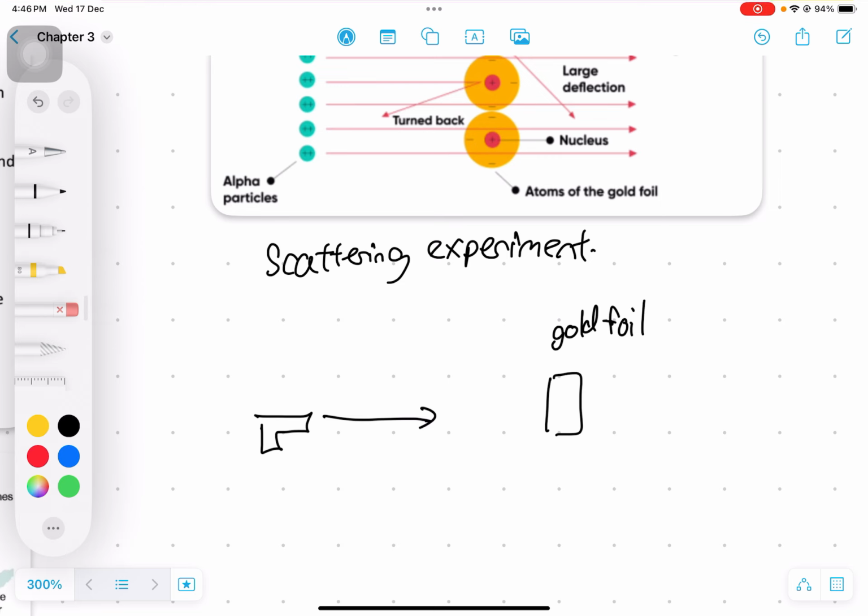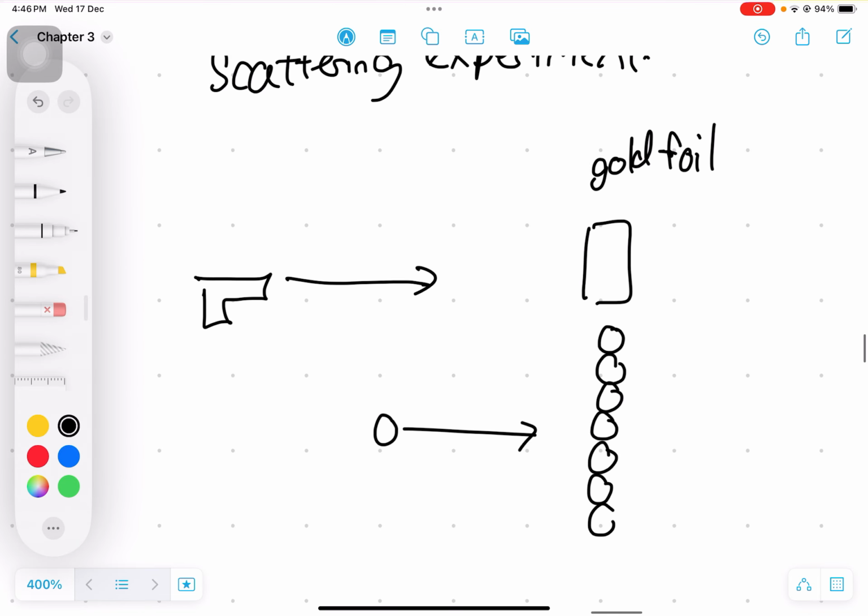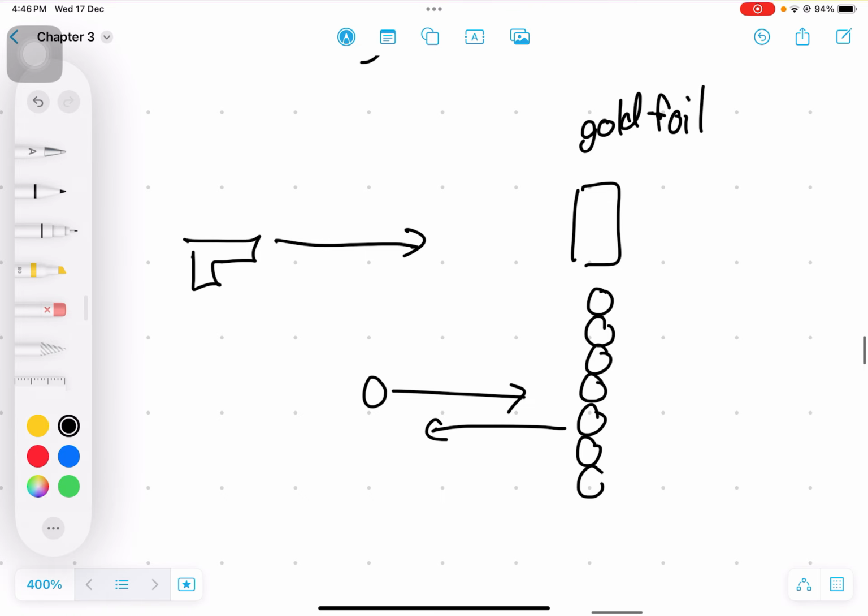They thought that when the alpha particle hit the gold foil, it should be reflected back because of the particle model. They thought that once they emitted the alpha particle, it would reflect back like this.